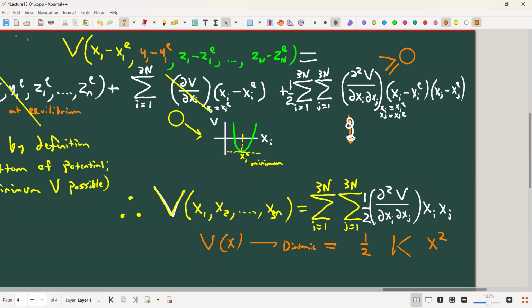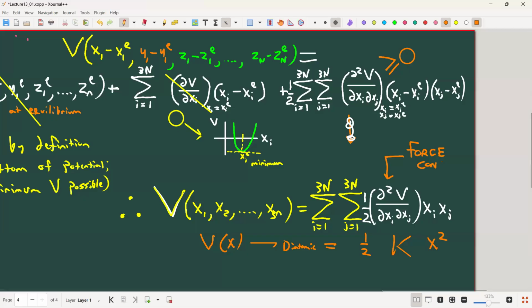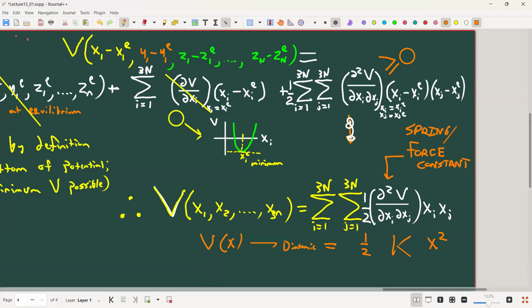As I stretch these 2 atoms in 2 directions, this second derivative tells me how stiff the connection is as they move. So these second derivatives are force constants, or Hooke's law constants, spring constants, or whatever term you like to use.